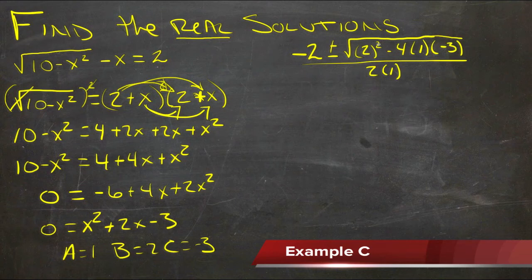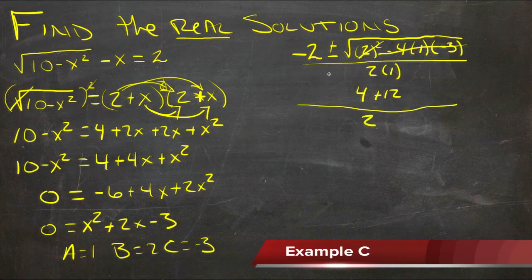Simplify: 2 squared is 4, negative 4 times 1 is negative 4, times negative 3 is positive 12, over 2 times 1 is 2, negative 2 plus or minus the square root of.